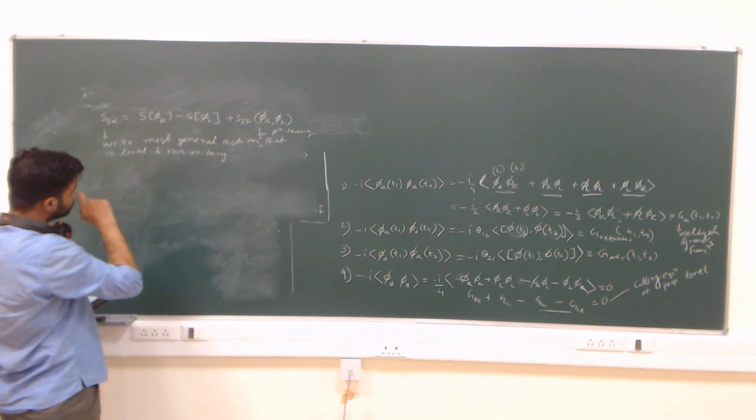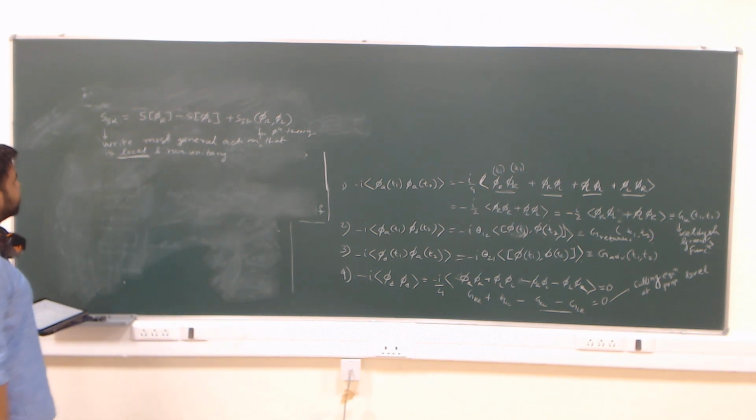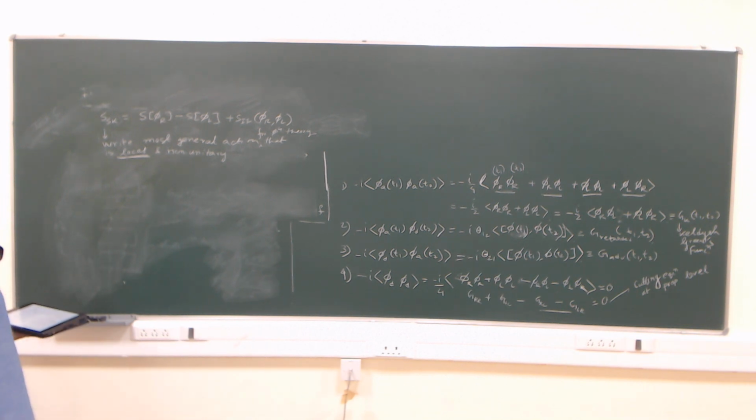We should mention that there is no specific reason to consider the local part here. We could have also taken some non-local fields in mind in our Schwinger-Keldysh action when we try to write it down. But very little is known about non-local quantum field theories in general.